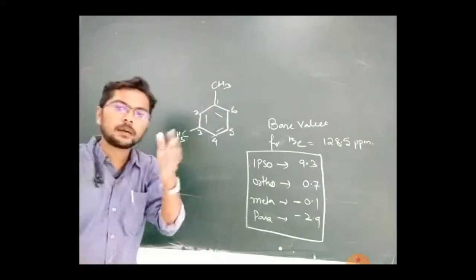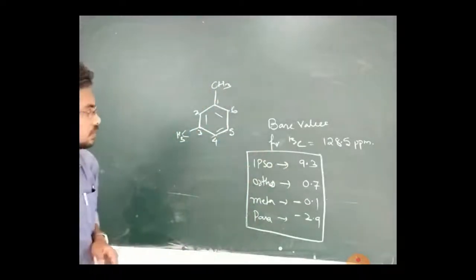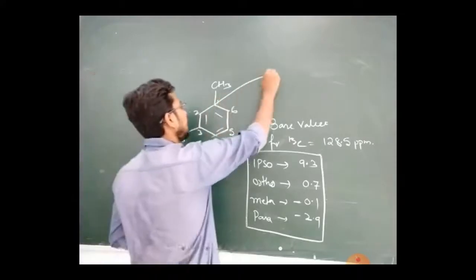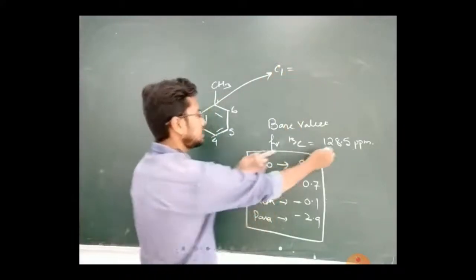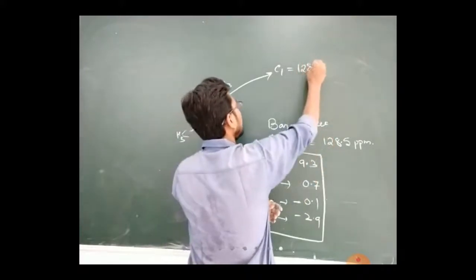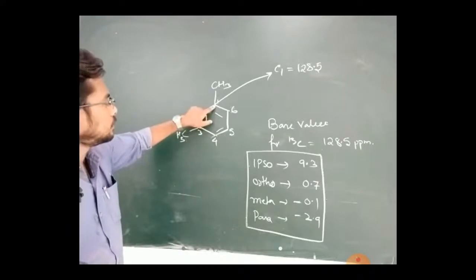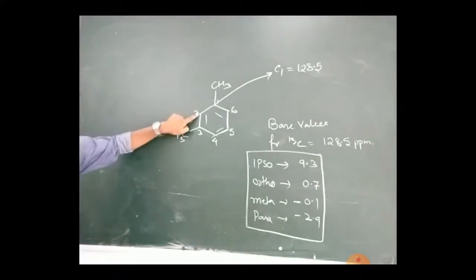We know that they will come in your 0 to 40 range. So this carbon, if we take C1, what is the base value? Base value is 128.5. Okay. Now this is the ortho position.